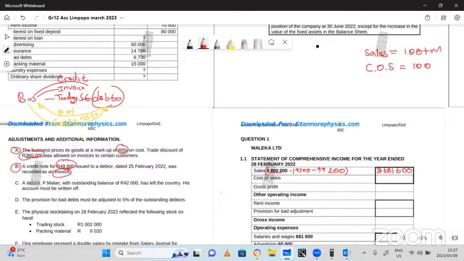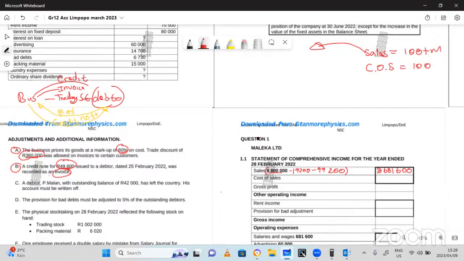But there's something that you need to note when we are dealing with sales. This sales is not the turnover, guys. The turnover is the amount of sales after we have subtracted everything, after we have subtracted the discount and the debtors allowance. So this is the turnover. But there's another jigsaw puzzle that you need to understand as well.